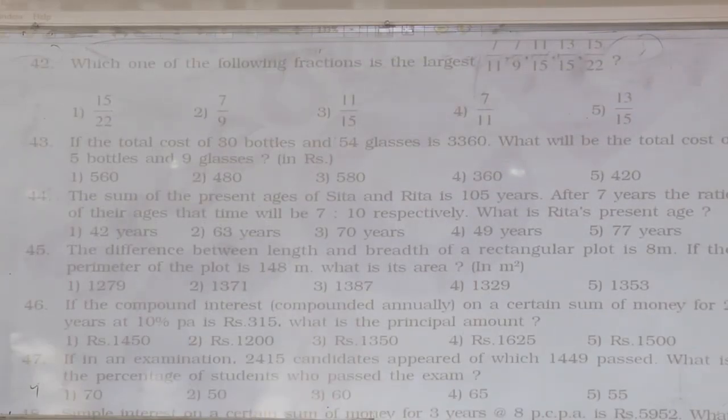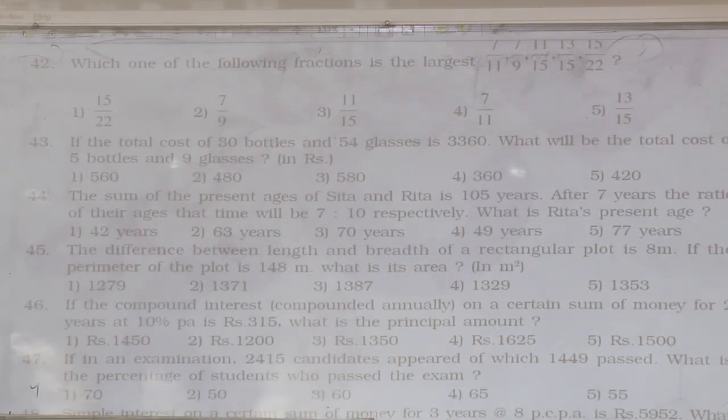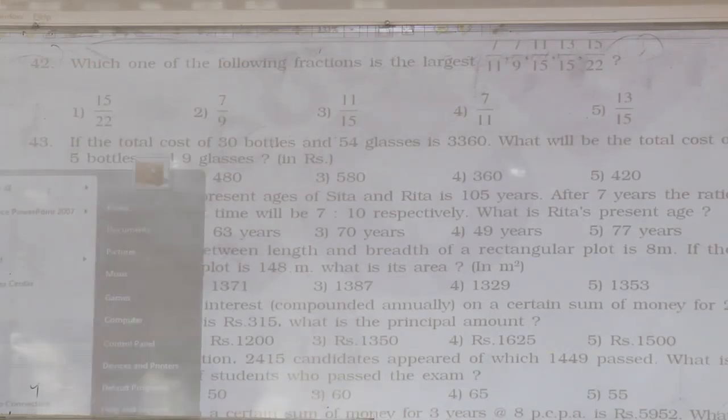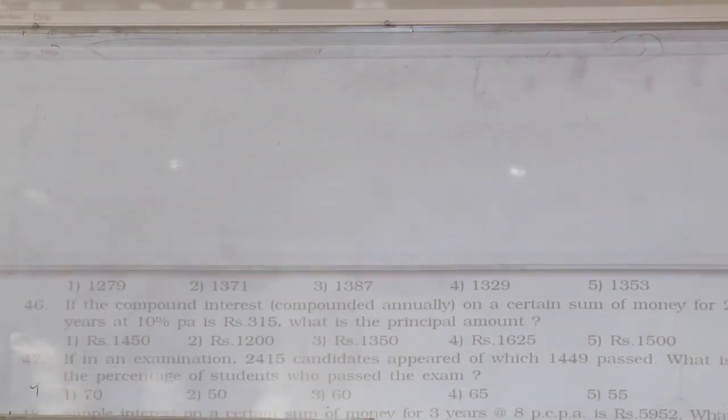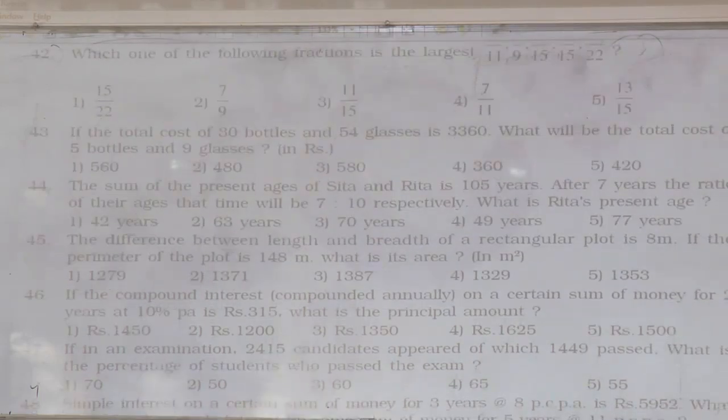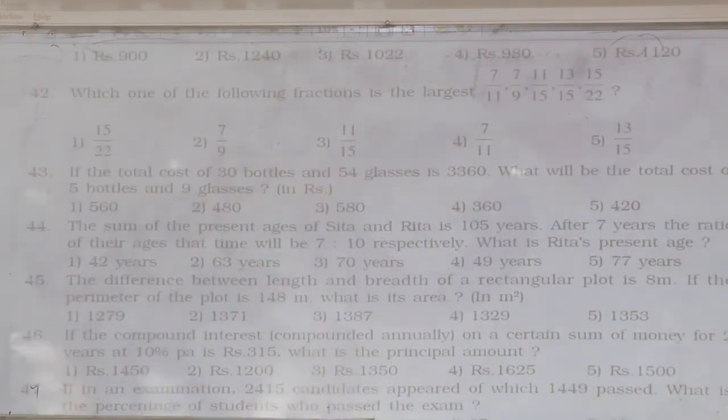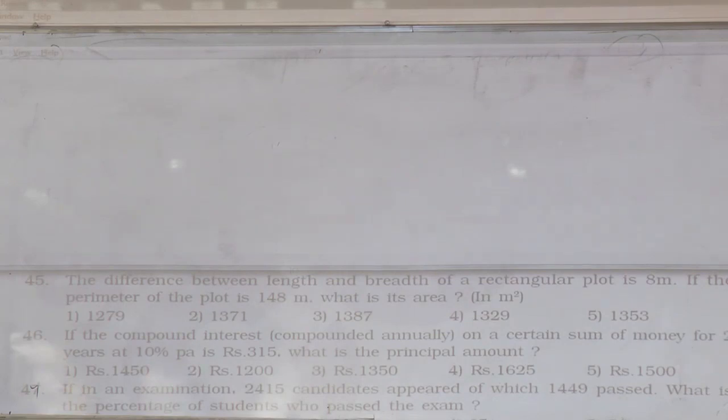45. The difference between the length and breadth of a rectangular plot is 8 meters. If the perimeter of the plot is 148, what is its area?